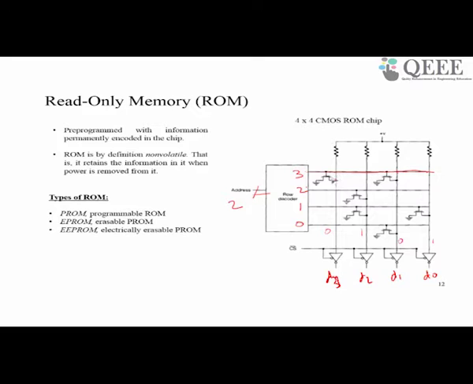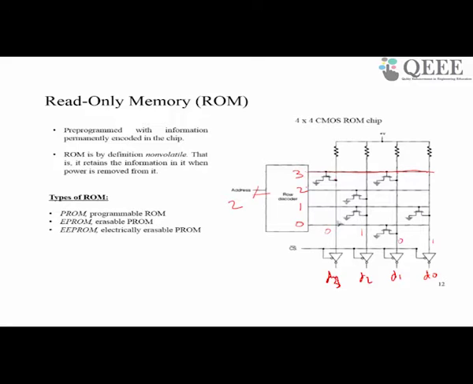Wherever there is a cross point connection, we effectively store a 1, and wherever there is no such connection, we store a 0. Initially all these cross points will have this kind of structure, and we selectively blow those points where we don't want a bit to be present. So this is how ROM works.